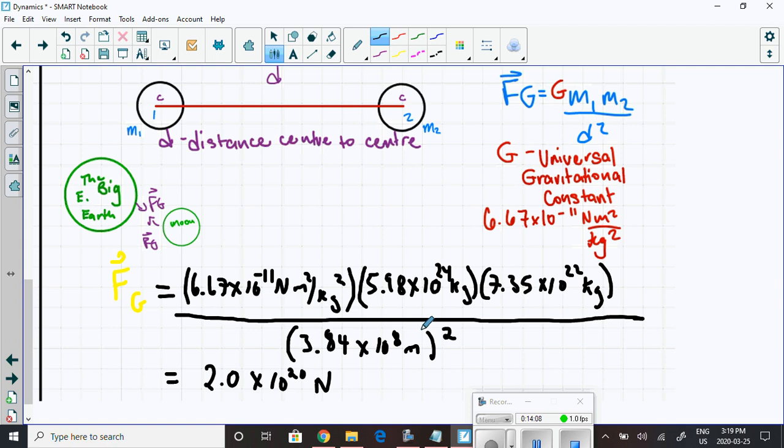Now, when you key into your calculator, depending on the calculator you have, Z times 10 to the Y, make sure you use a button that looks like EXP or EE to key it in.